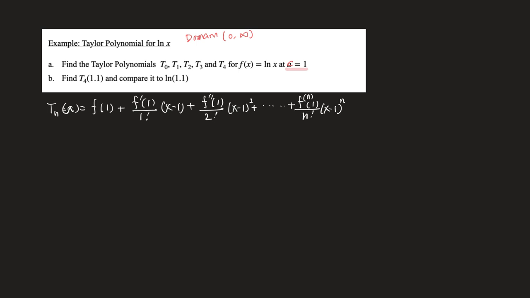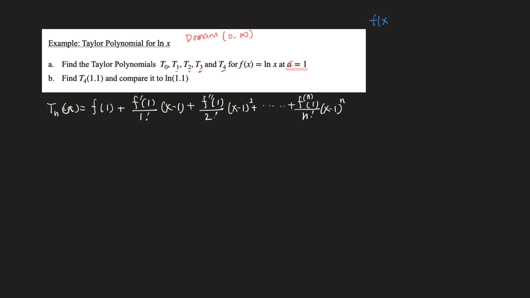So T0 is degree 0, T1 is degree 1, T2 is degree 2, T3 is degree 3, T4 is degree 4. Look at this one. We need degree 4, so we need derivatives. I'm going to find the derivatives first.